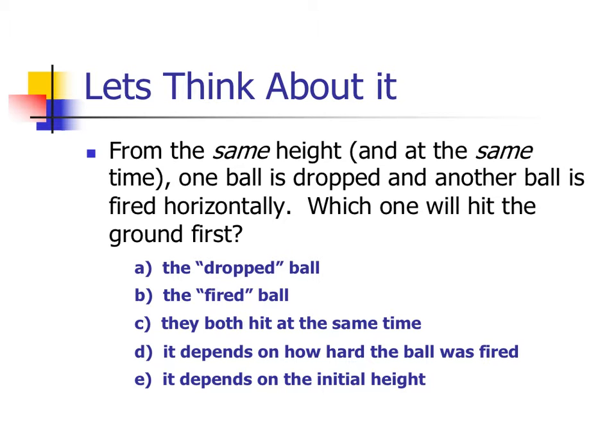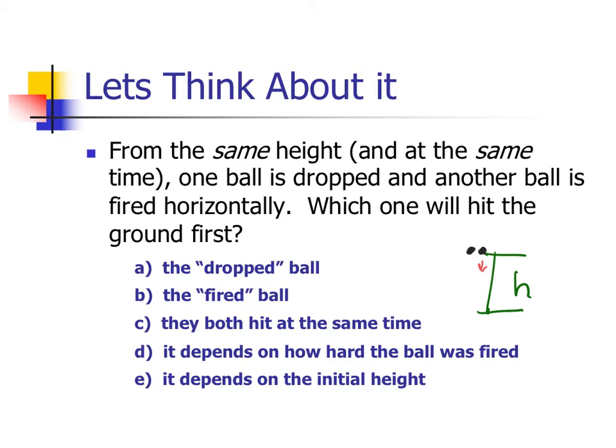Well, if you have an object launched from a certain height, and regardless of what the height is, if the object is launched outward and another identical object is dropped, they both hit the ground at the same time.